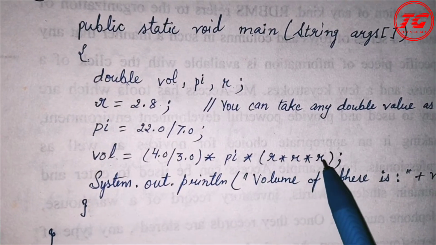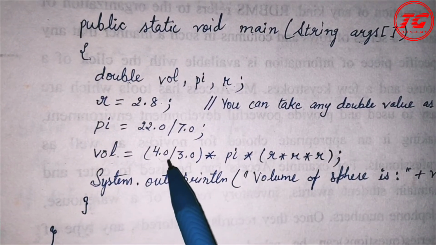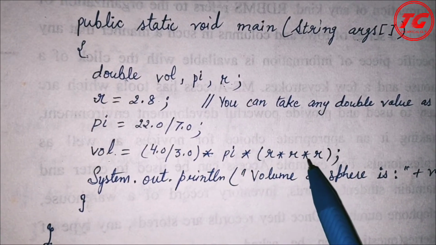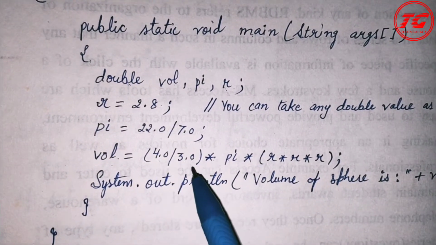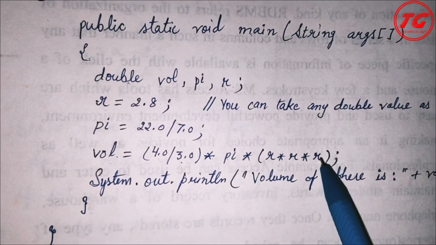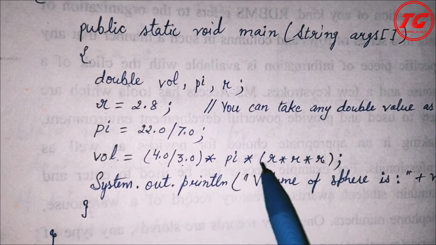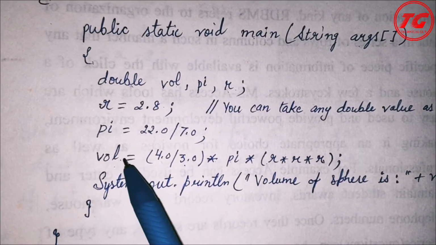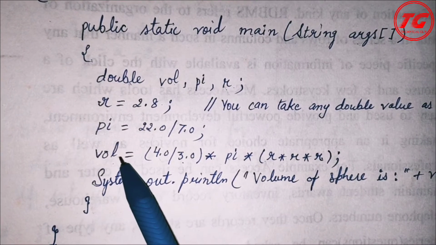So this equation is for calculating the volume of sphere in Java. So firstly brackets will be evaluated, 4 over 3 will be evaluated, then r cube will be evaluated, then they will be multiplied with pi, and the result will be stored in vol variable.